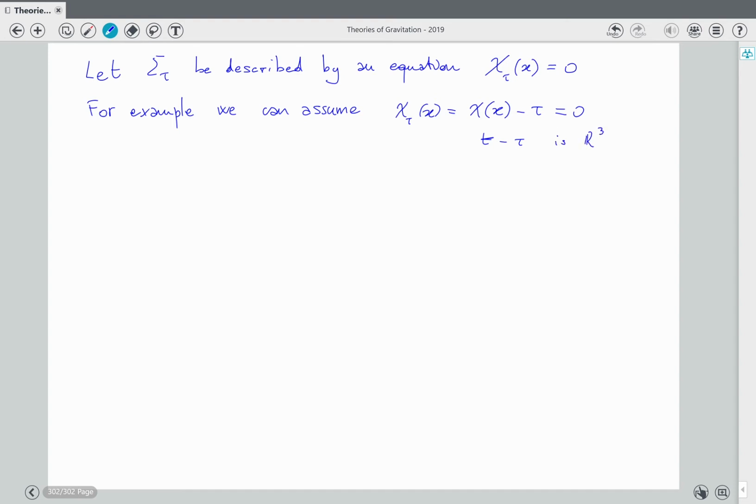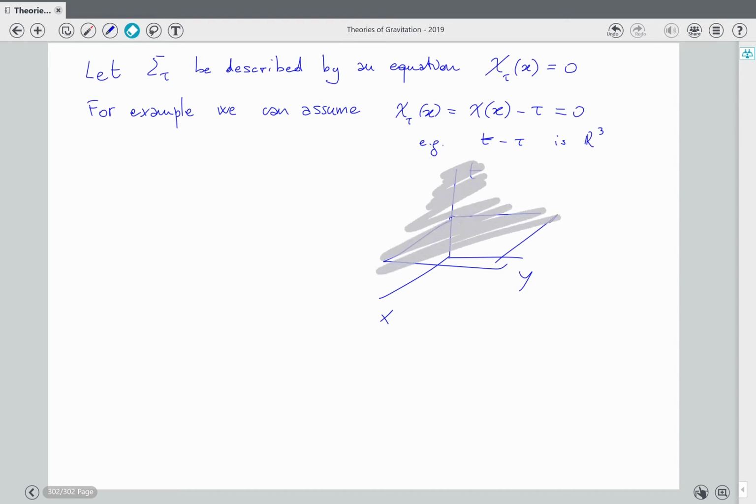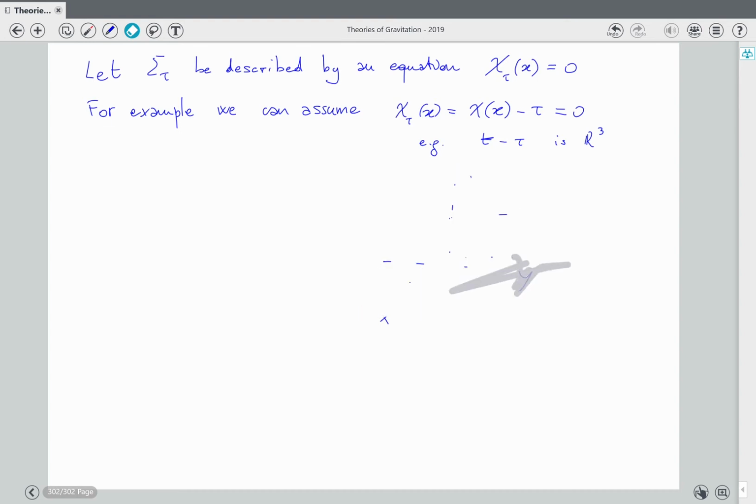When you have time and xy, and you choose time equal tau, some tau, you are just defining your manifold to be the plane, in this case R3. We don't need to be that specific for the moment, but just to make things less cryptic.